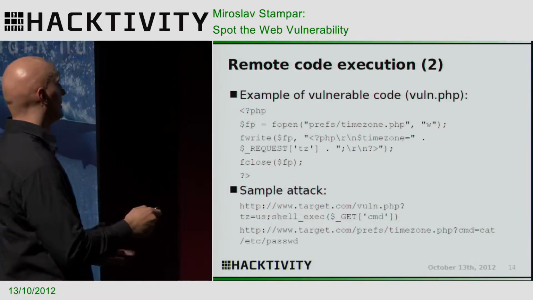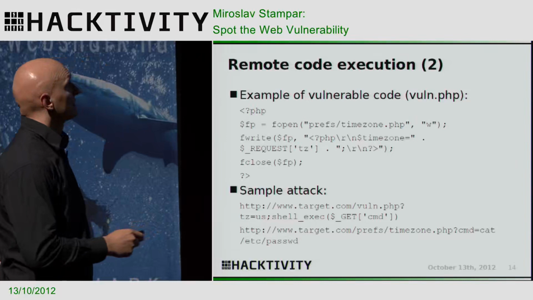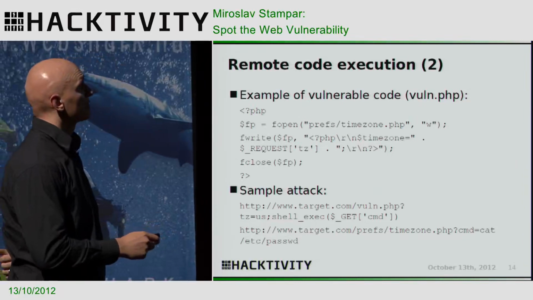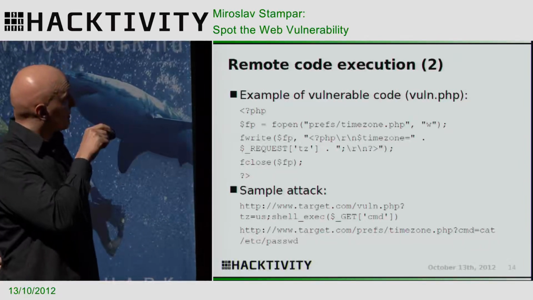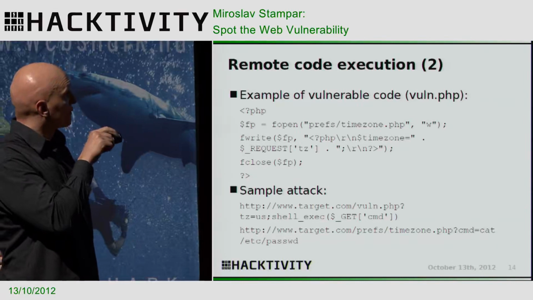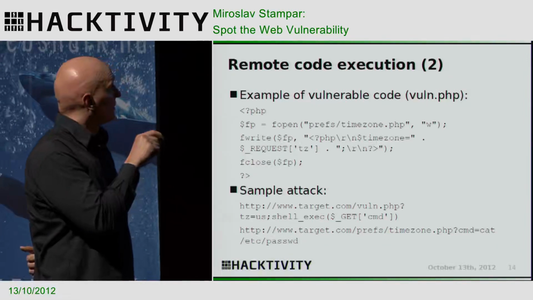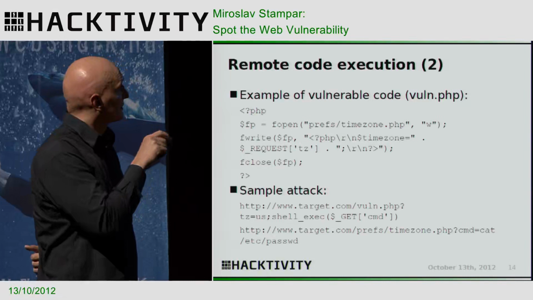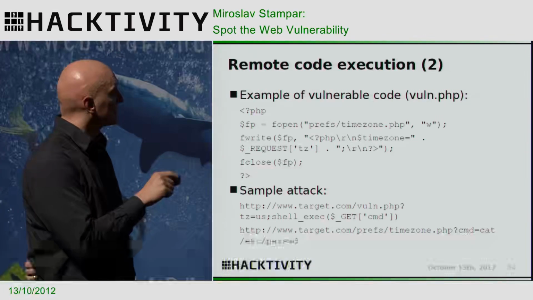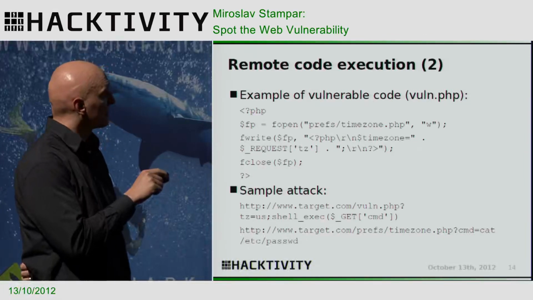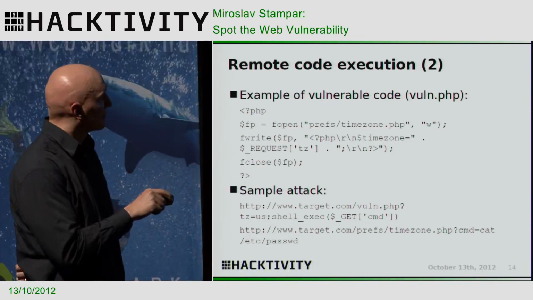This is the example to clear this up. In this example, you can see that the file preferences time zone PHP is opened and written with the request parameter TZ, ended with the proper PHP ending, and at the end is closed. So you can see that this is somehow different from the file inclusion, because here you are actually writing something from the request parameters that is written at the backend and later on executed.